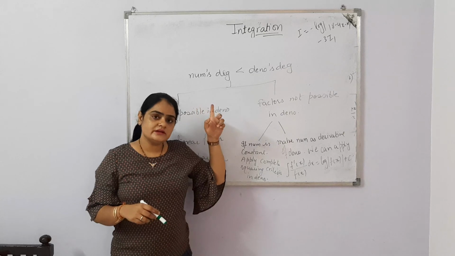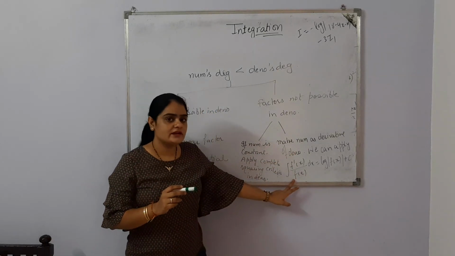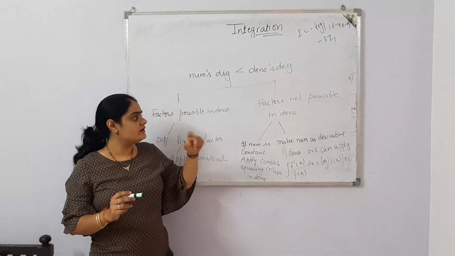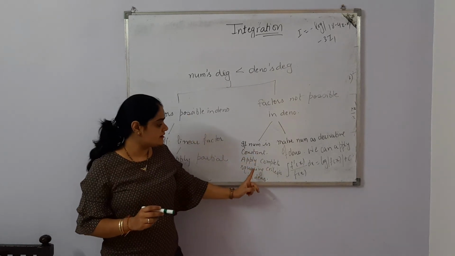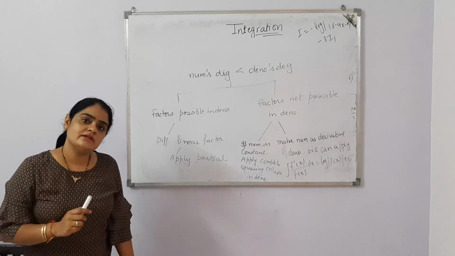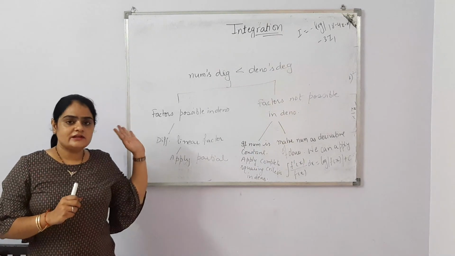If the numerator contains a function, then we'll apply the criteria of function and function's derivative, making its derivative in the numerator. But if the numerator contains a constant, then we can directly apply the complete the square criteria and we'll get the answer. By this flow chart, it's quite easy, what we did today.